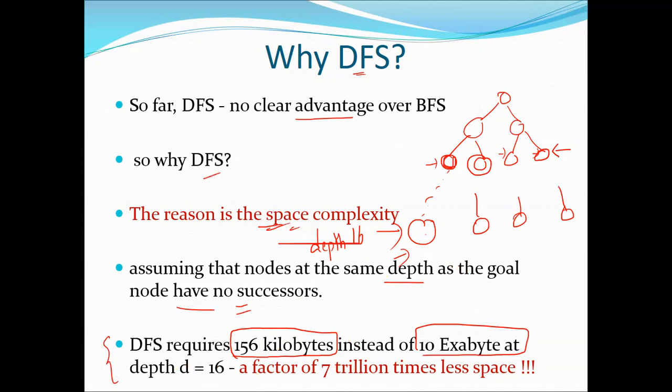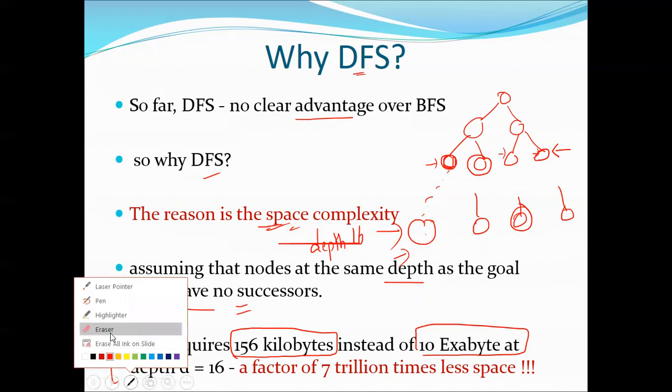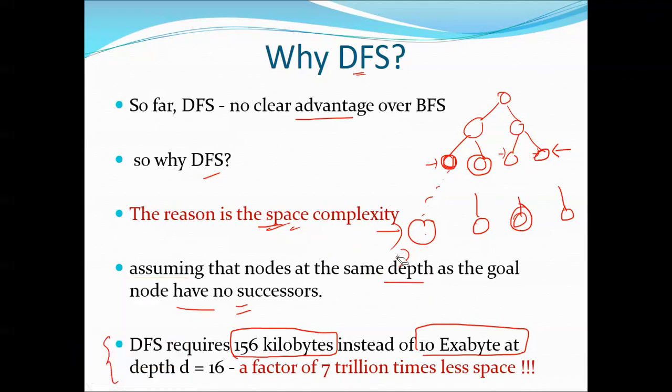In BFS, if the solution is available at different depth, how much memory will be required? So why such a reduced memory in DFS? Because in DFS, assume that this is the solution at level 16, depth 16. First, DFS will explore this path.